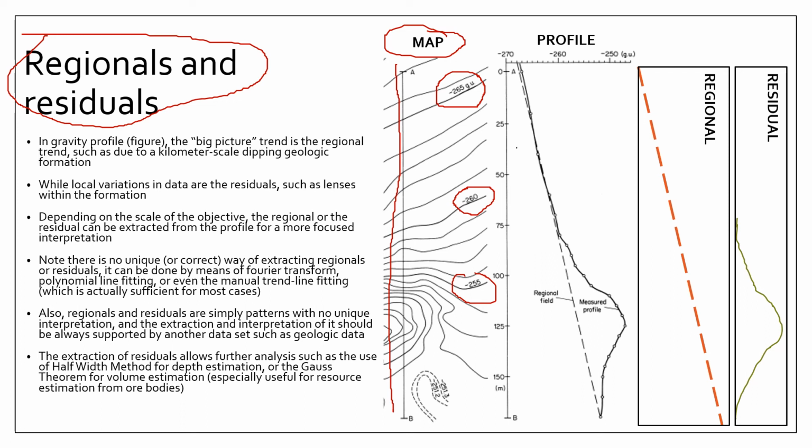So let's say you know that this is a sandstone formation, or a dipping sandstone formation that is overlain by soil. So let's say that our model is like this. You have a dipping sandstone formation that has a ridge.